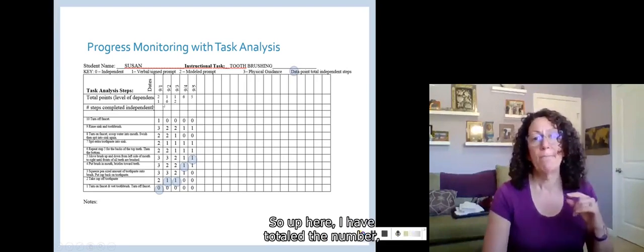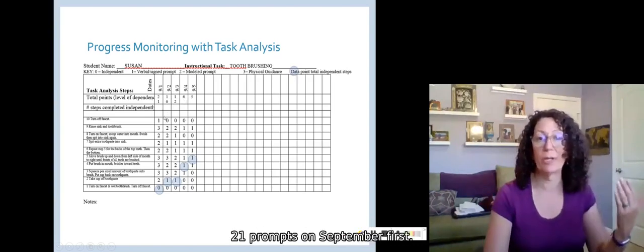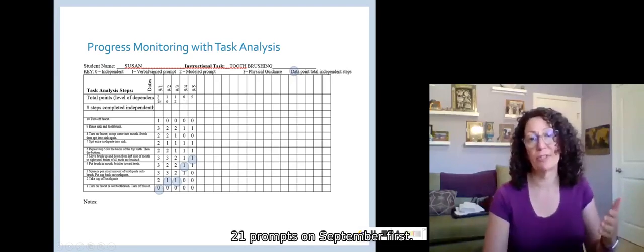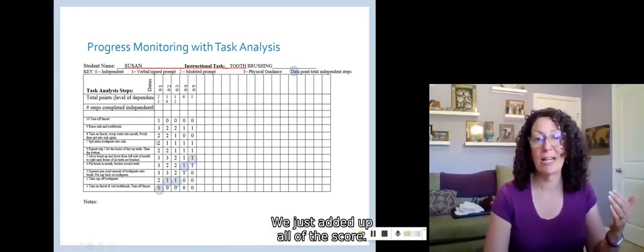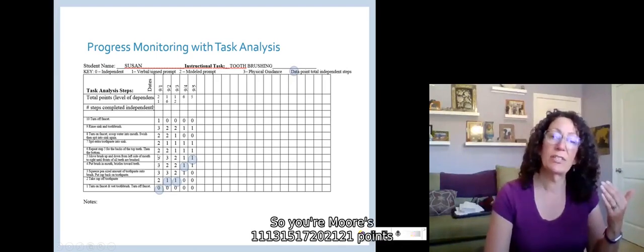So up here, I have totaled the number, not the number of prompts, it's the magnitude of prompts, because it's not like we gave 21 prompts on September 1st. That's not the case. We just added up all of this score. 2 and 3 is 5 and 3 is 8. 3 more is 11, 13, 15, 17, 20, 21.